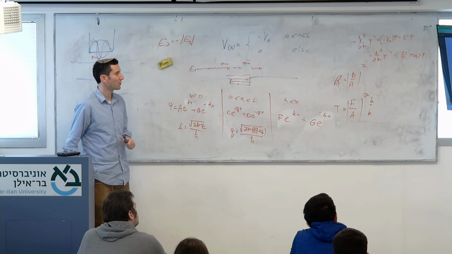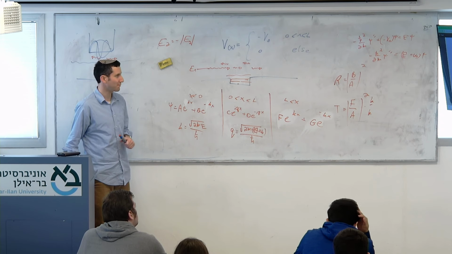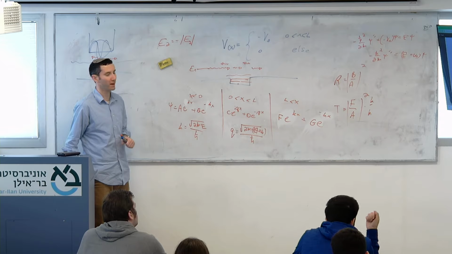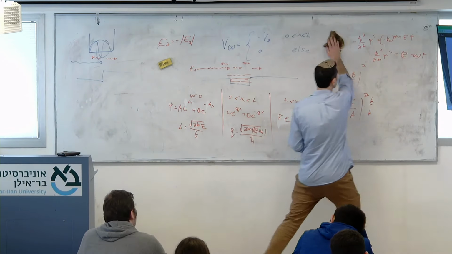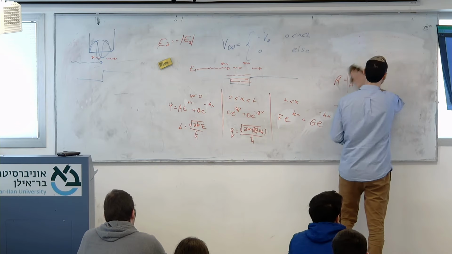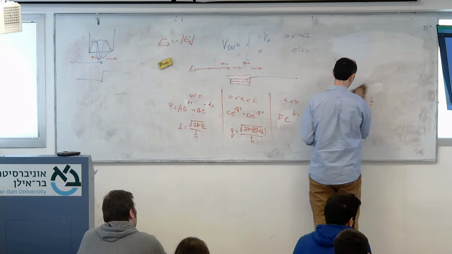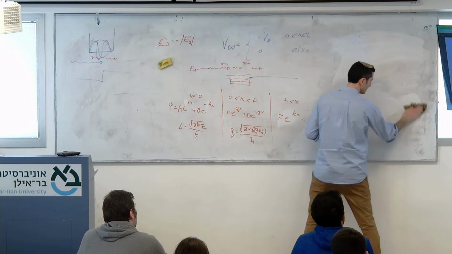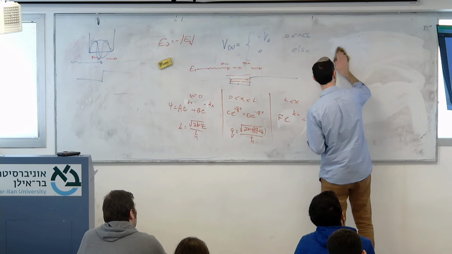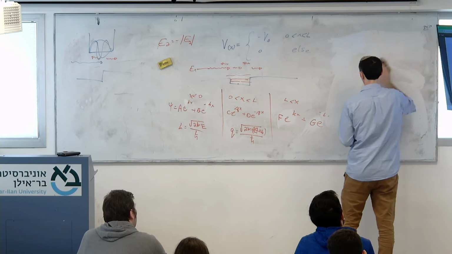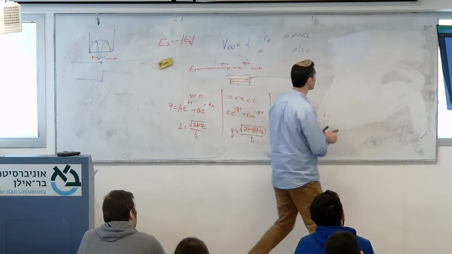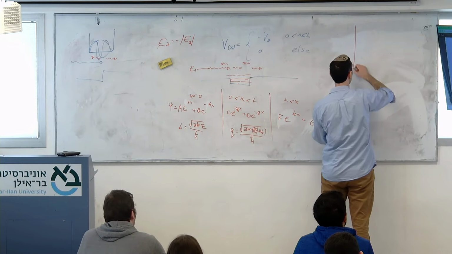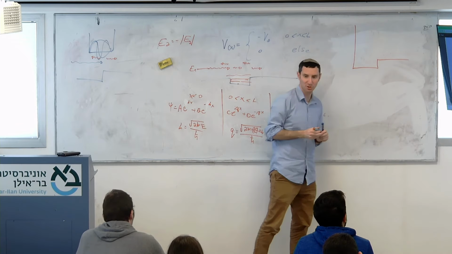And now we're going to do an actual example. The example is going to be a half infinite potential well. What does it mean? The potential we shall be discussing now is going to be very mean. This is the potential.